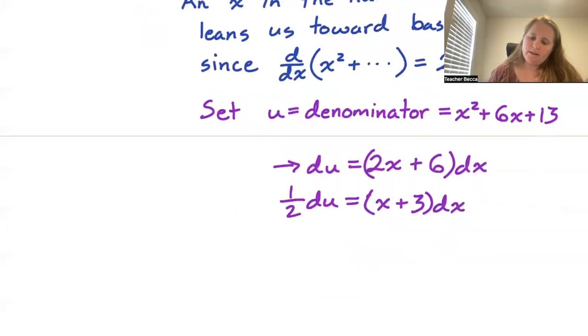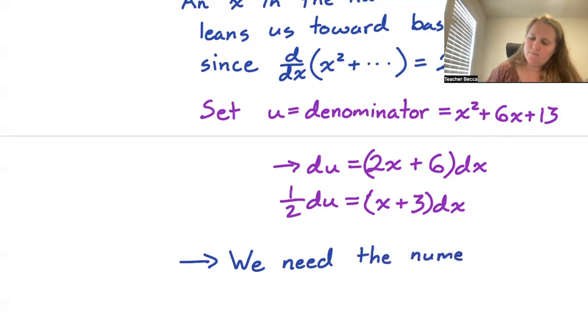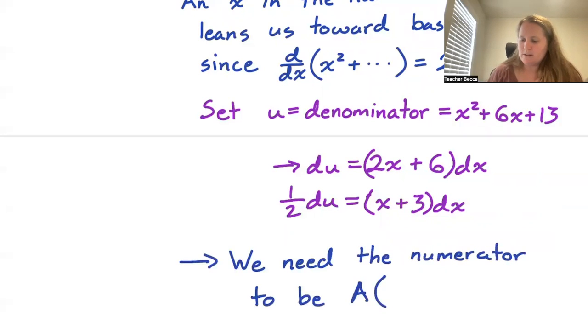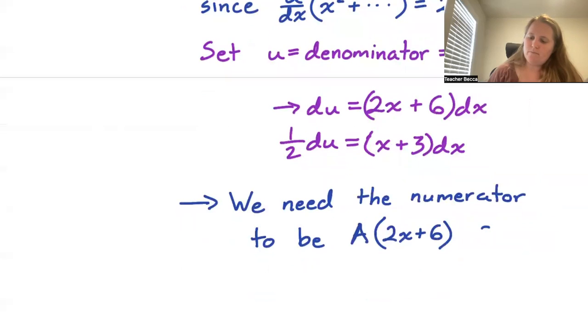So essentially at this point, we need the numerator to be some number a times x plus 3 or times 2x plus 6 for the u-substitution to work out.